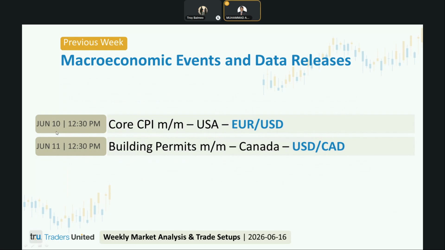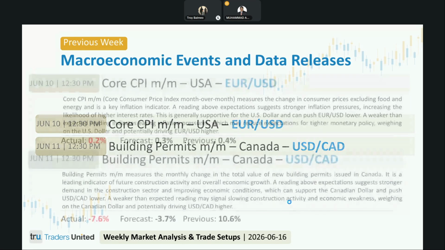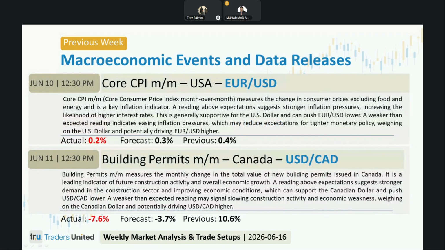The date and time was June 10th, 12:30 p.m. UTC time. Next one was the building permits month over month in Canada. The currency pair to focus on is USDCAD. The date and time was June 11th, 12:30 p.m. UTC time. So let's start with the first one.